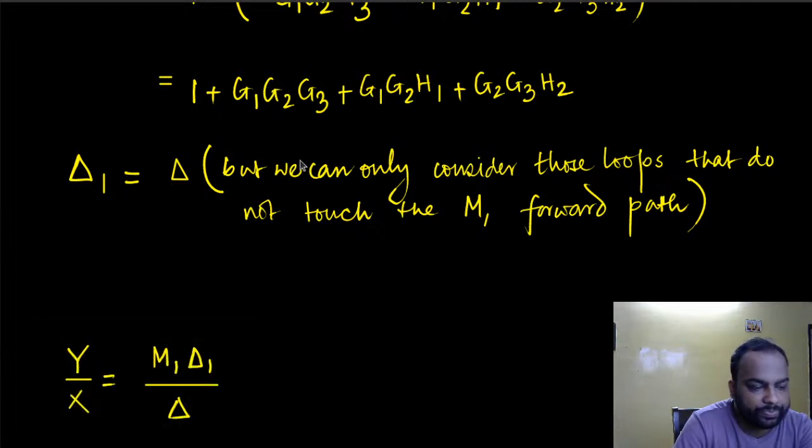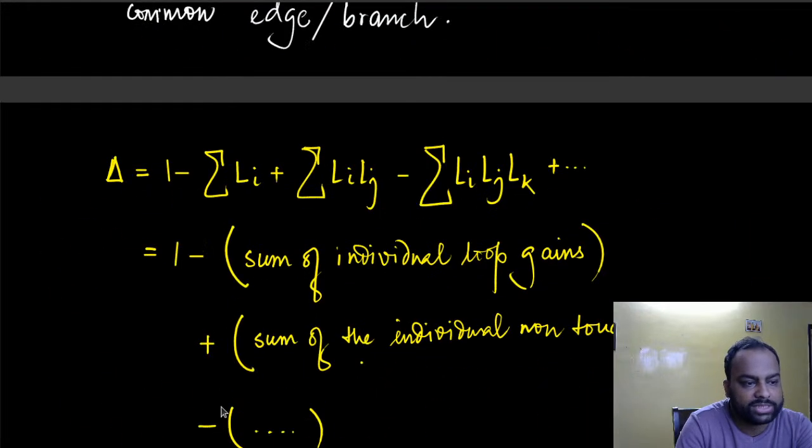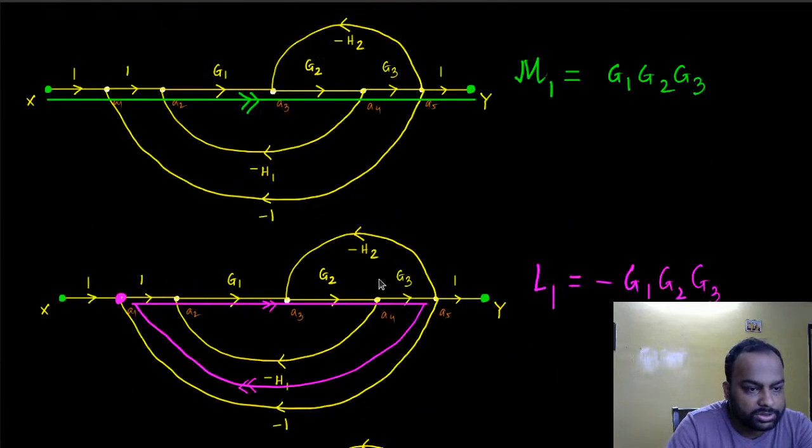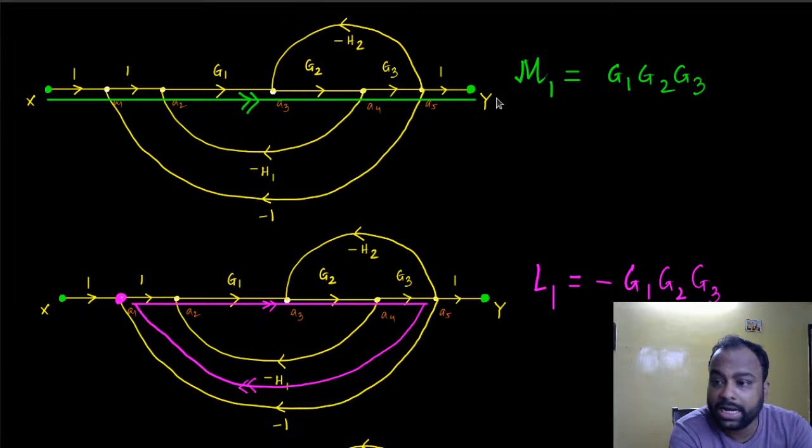All right. Now let's go back. What was our m1 forward path? The m1 forward path was this one. The first forward path was this one. So this entire set of branches had been taken over by the first forward path. Now I can only consider loops that do not touch the first forward path. Question: does loop L1 qualify for that?